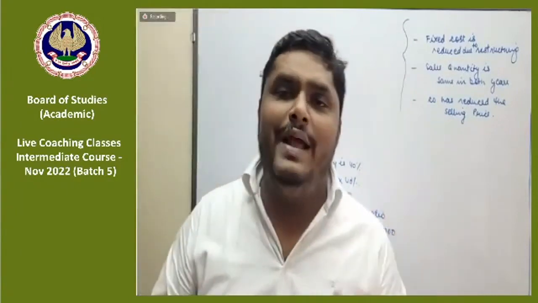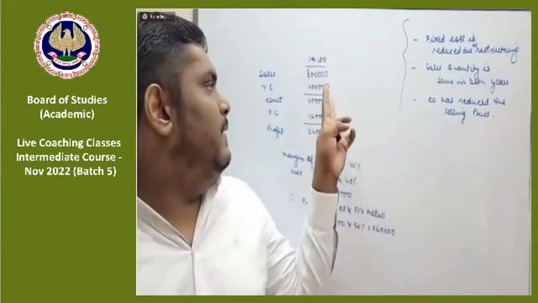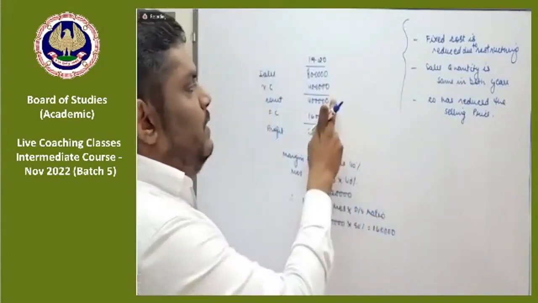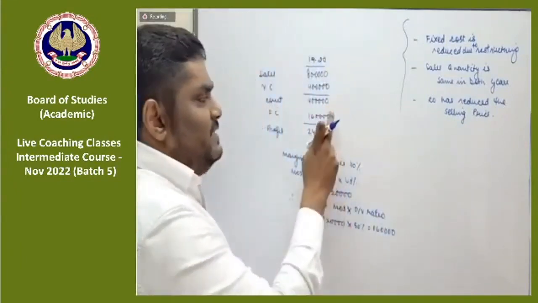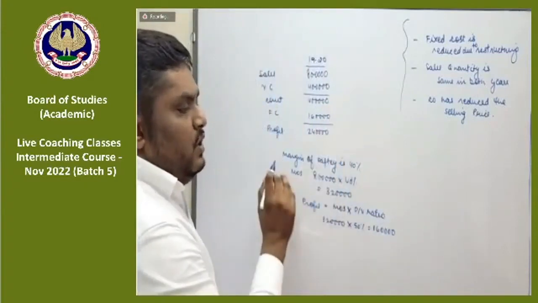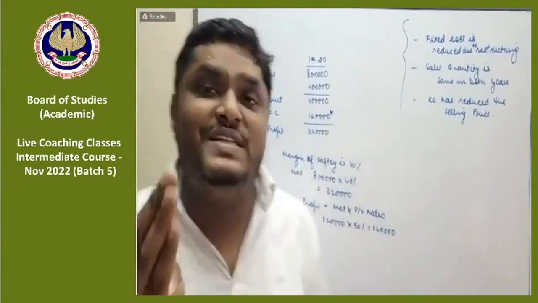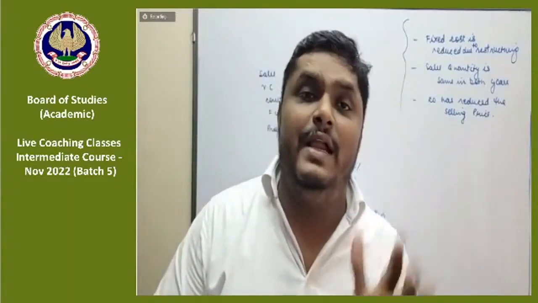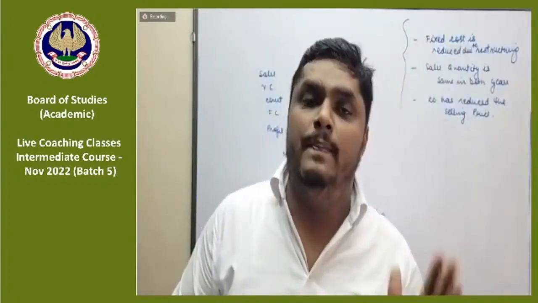So this is the 1920 data given in the question, that is the sales is 8 lakh. Since the PV ratio is 50%, it means my contribution will be 4 lakh. My variable cost will be 4 lakh. Further, since fixed cost and profit are not given, we have calculated them as the balancing figure. Margin of safety sales is 40% of the total sales. My total sales is 8 lakh. It means margin of safety sales will be 3,20,000.